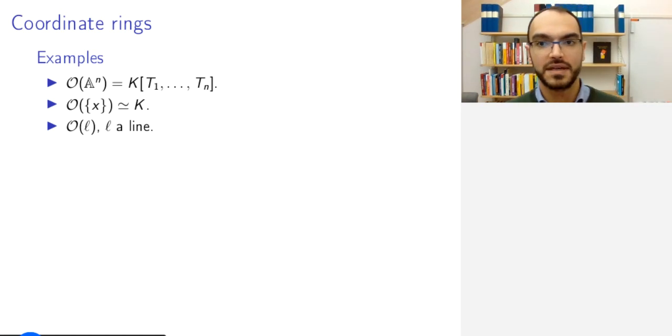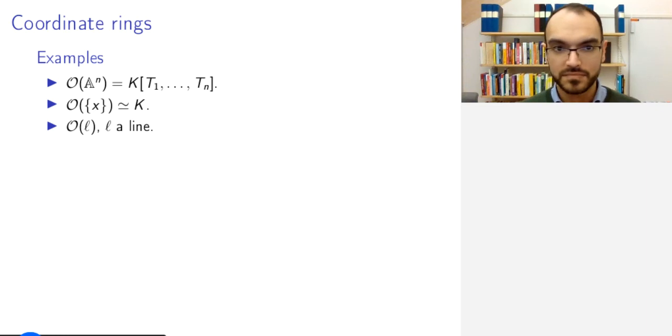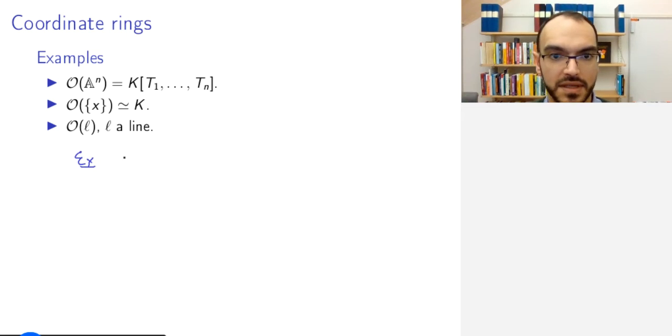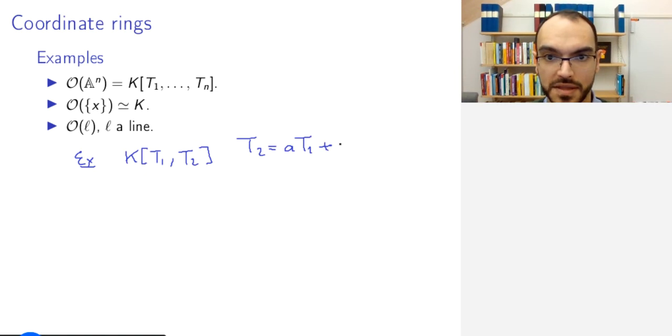If we have a line, then the coordinate ring of a line is the polynomial ring in one variable. This is because, let's take for example in K[T1, T2] the line T2 equals a T1 plus b.